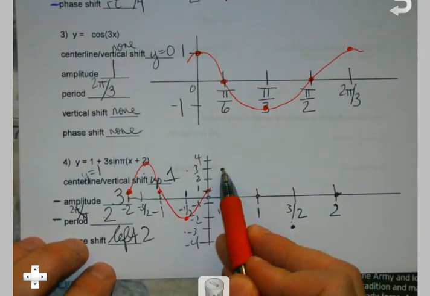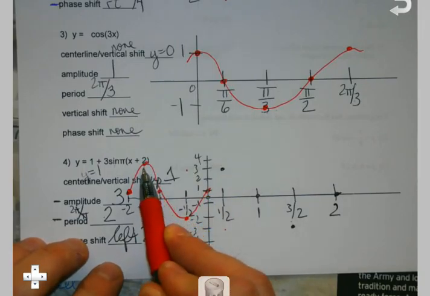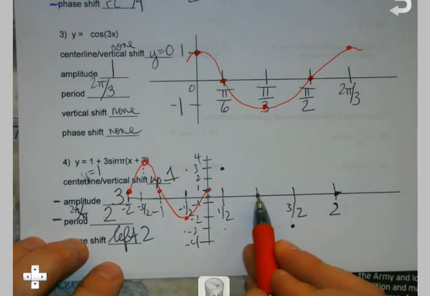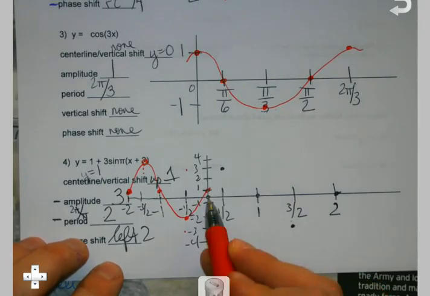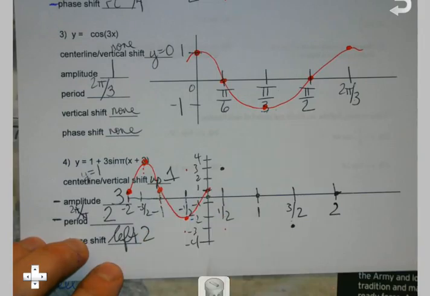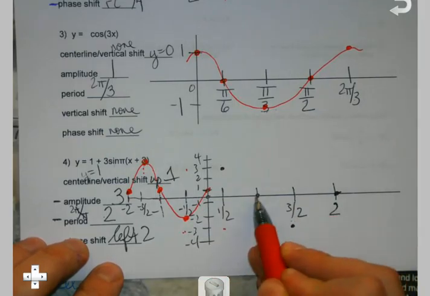I go to the next one. Be careful. Left 1, 2, go up 1, make my point. And just keep going. 1, 2, up 1, 1, 2, up 1, 1, 2.